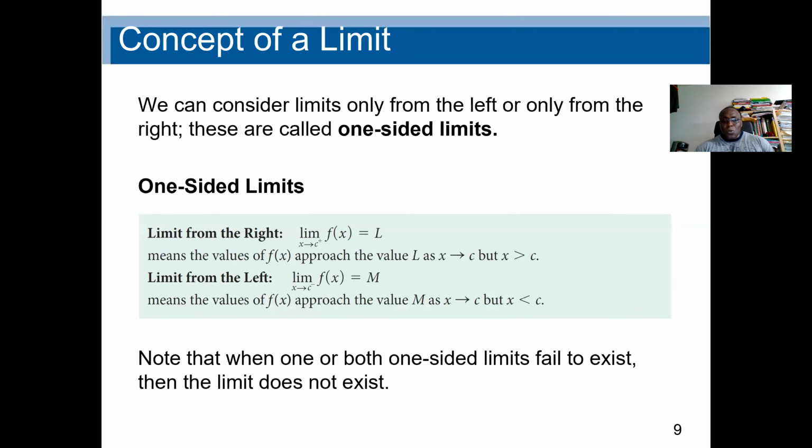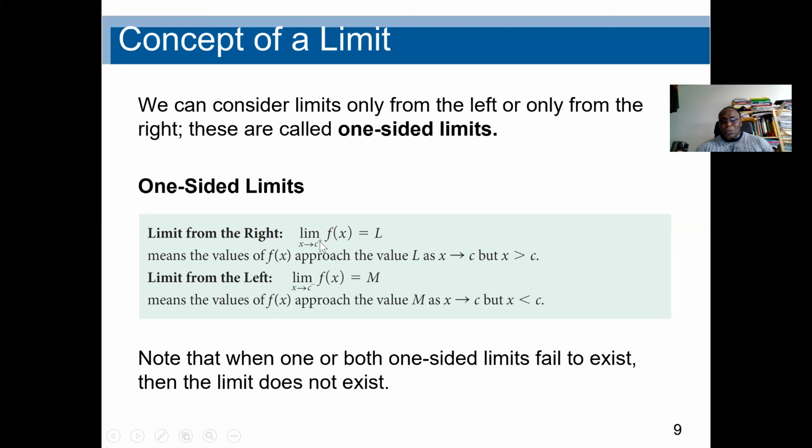We have one-sided limits, and also we have two-sided limits. A one-sided limit can be from the left or from the right. When the limit is from the right, we say x approaches c positive. When the limit is from the left, we say x approaches c negative.